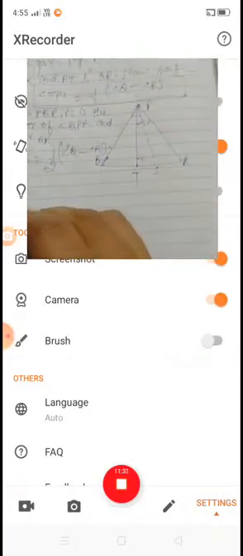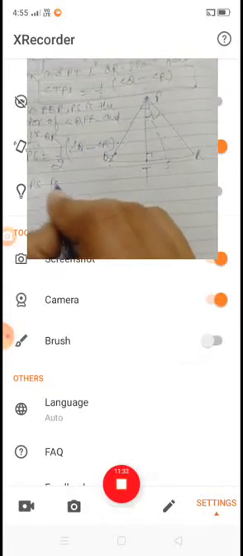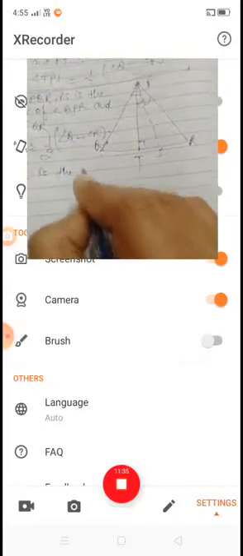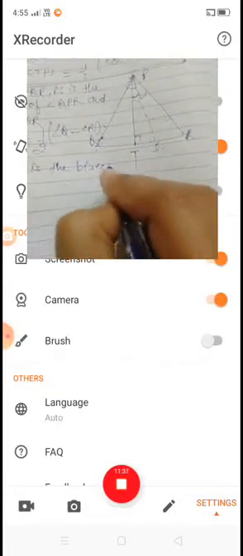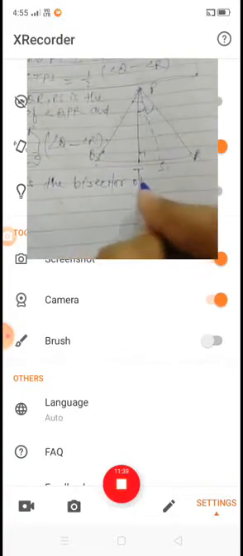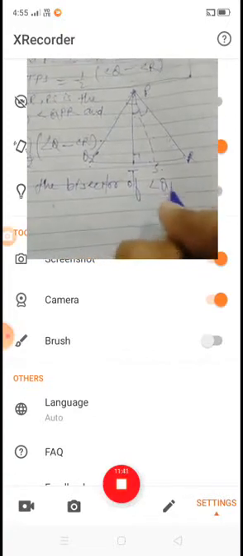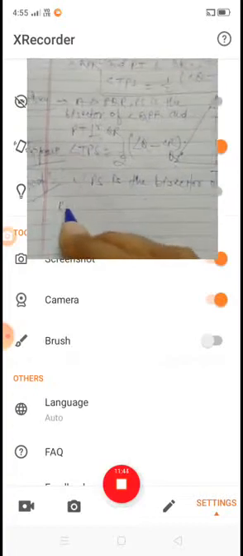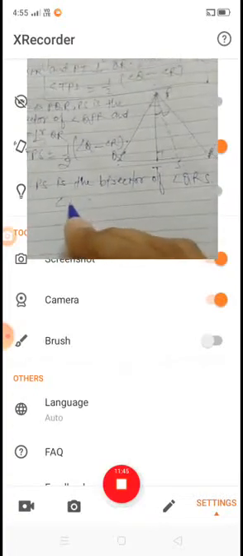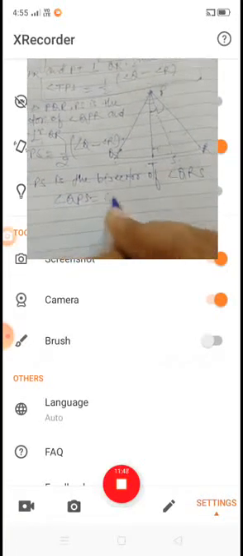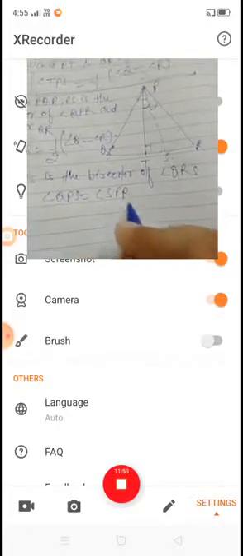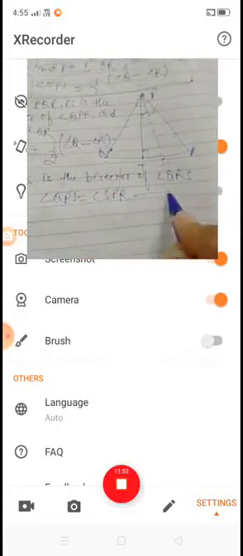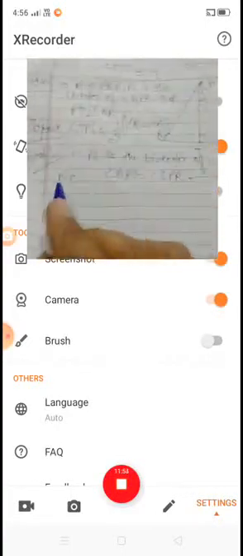Since PS is the bisector of angle QPR, angle QPS is equal to angle SPR. Take this as equation 1.